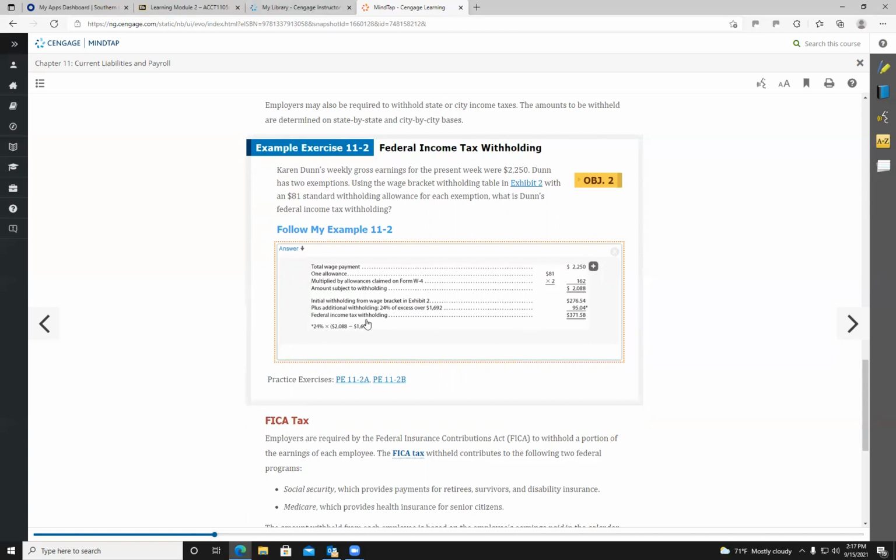I'm a visual person too, I love the visualization. This isn't an excess over, so it's going to be the difference between the two, and then you multiply that by the rate of 24%. That gave us $95.04. Then we add that to the $276.54. So the total income tax to be withheld, the answer, is $371.58.